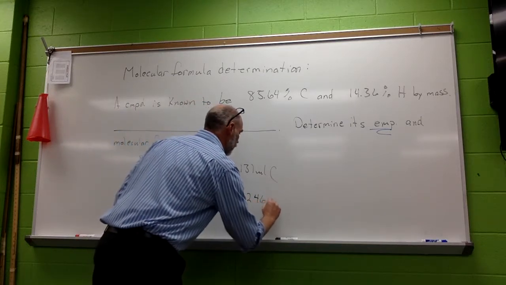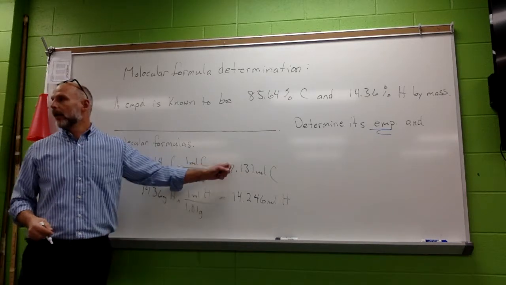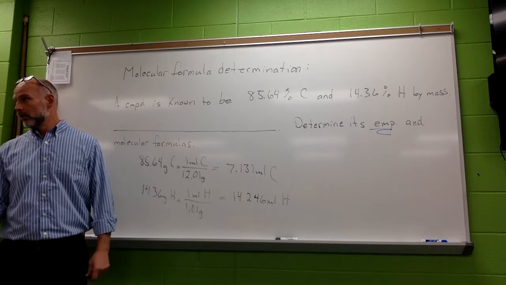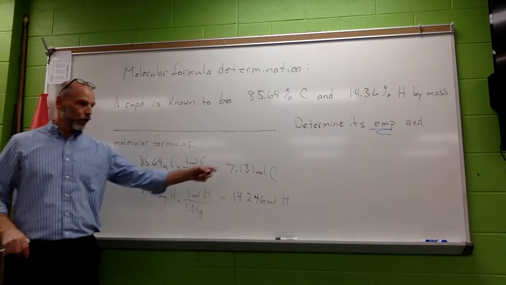Okay. You can't have too many significant figures when you're doing this part, but you can have too few. I'm just saying, if you're going to make a mistake on significant figures, go big.